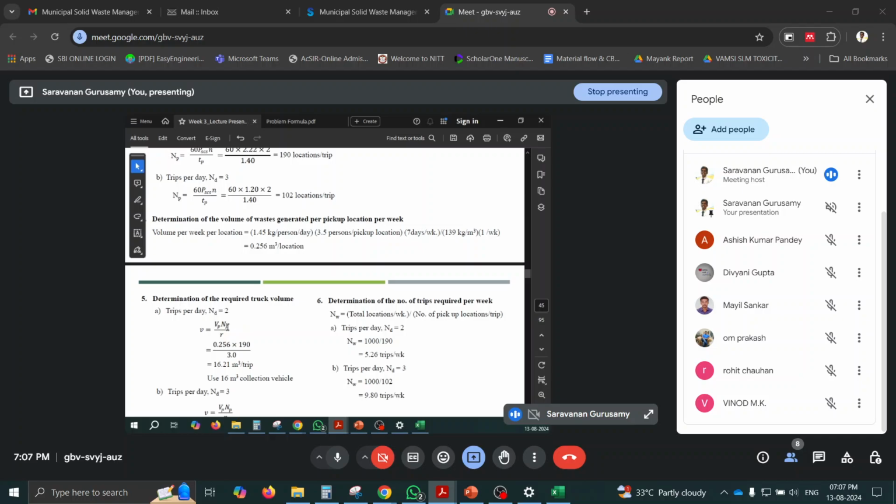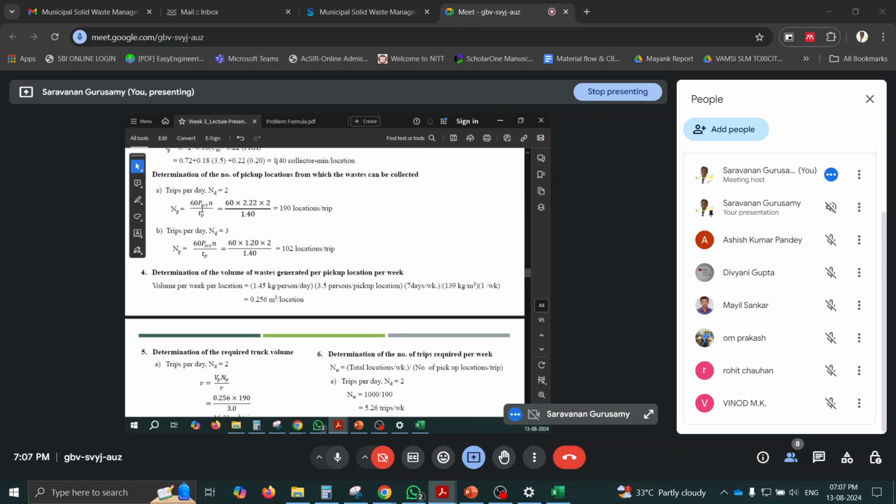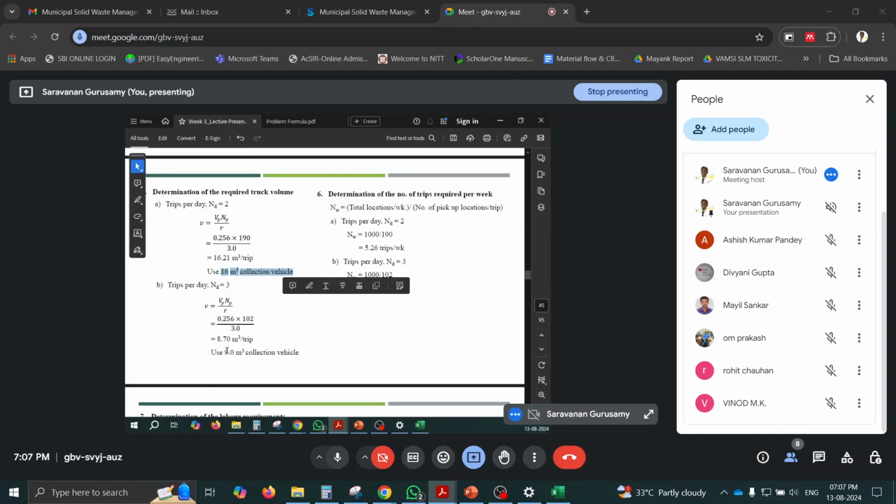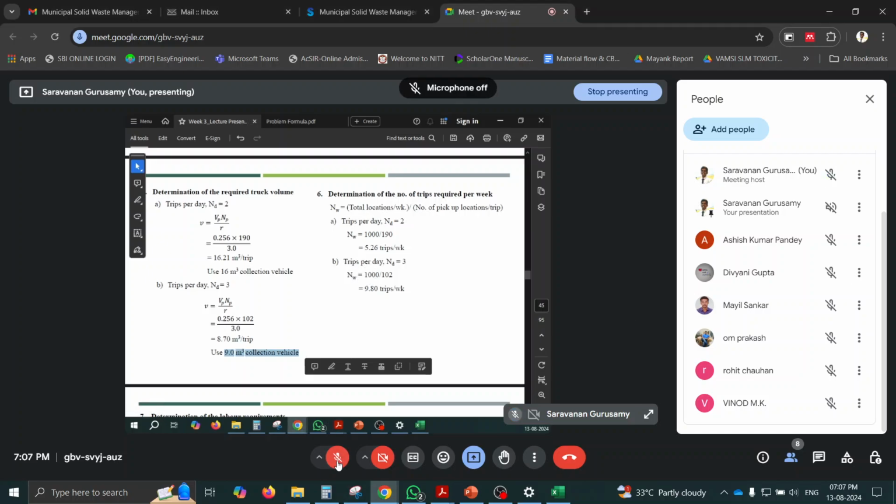The 2 PSC values we are substituting to find NP. That NP we are substituting to find the truck volume calculation. So if it is 2 trips per day, we need a 16 meter cube collection vehicle. If it is 3 trips per day, we only need a 9 meter cube collection vehicle. That's the conclusion we are getting.